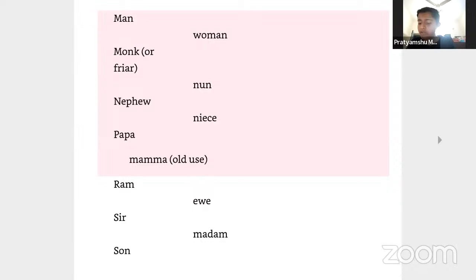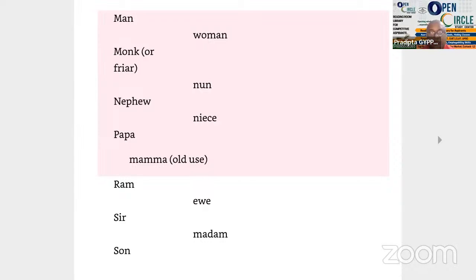Okay. Monk or friar is a saint, a person who lives in a monastery. What is monastery? M-O-N-A-S-T-E-R-Y. Sir, it's a place where religious education or practice of religion is done.